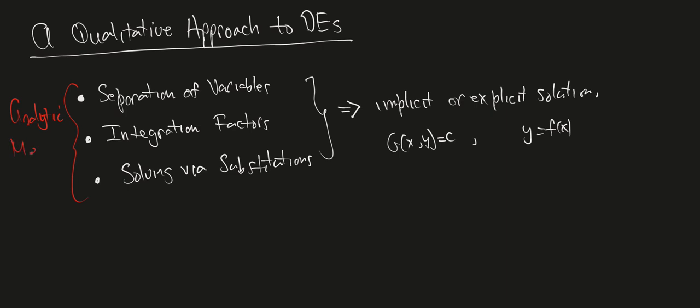So the fact that we have to rely on derivatives and antiderivatives, in conjunction with a lot of algebra just to get to one of these forms, that's what we refer to as an analytic method, right? And they are important, right?